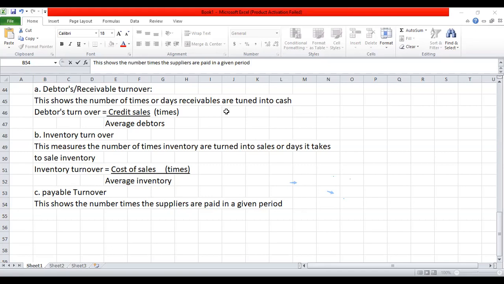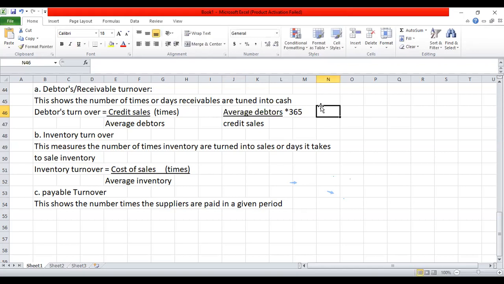But I think we talked about these in the inventory. Even here, if you want to put the answer in days, it is average debtors divided by credit sales, then times 365. I think we saw these. In this case, the answer is in days.